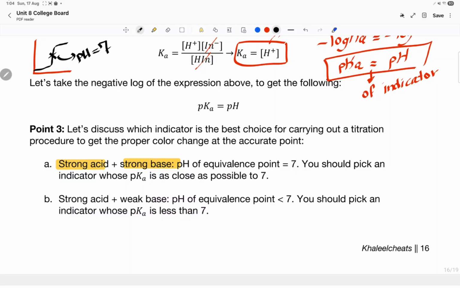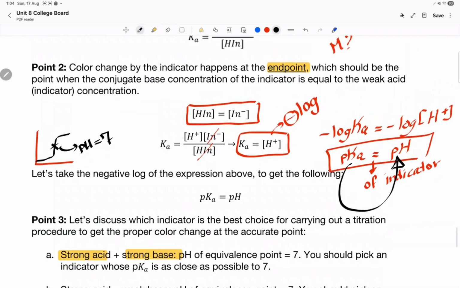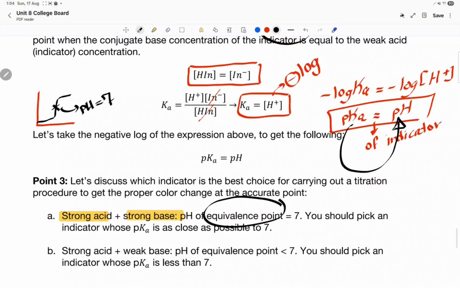So in that case, the pKa of the indicator has to be very close to 7, so it can change at the moment when you have the equivalence point. So what you're essentially seeking is to keep the endpoint and the equivalence point as close to each other as possible. Okay? So if the equivalence point is 7, the endpoint has to be either a bit less or a bit after.